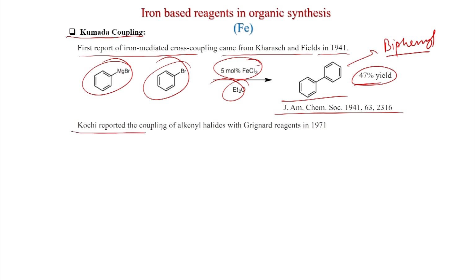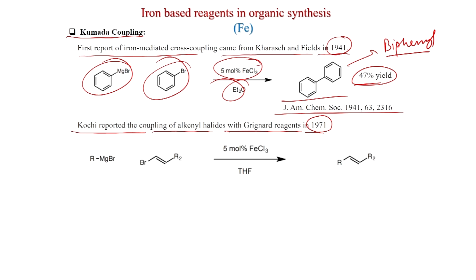Kochi reported the coupling of alkenyl halides with Grignard reagents in 1971. So, exactly after 30 years, Kochi developed the reaction again with alkenyl bromide. So, RMgBr, alkenyl bromide, 5 mole percent ferric chloride, THF, you get this alkene.